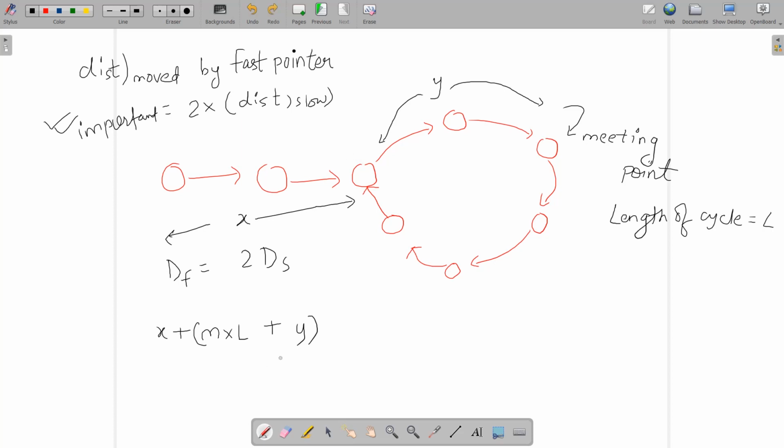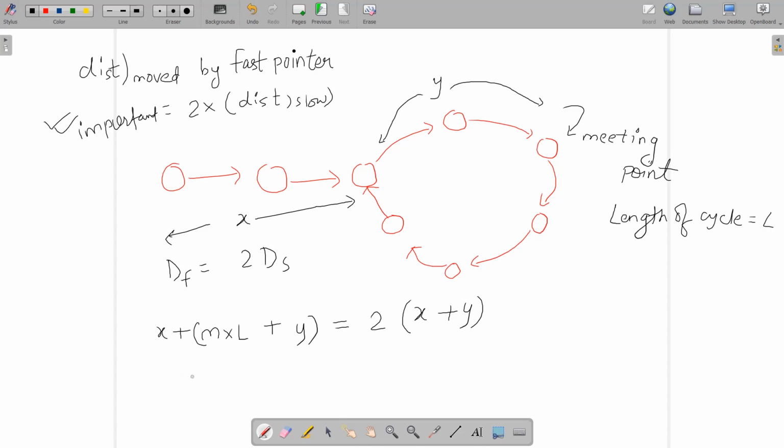This will be the total distance covered by the fast pointer, which will be 2 times the distance covered by the slow pointer. The slow pointer distance covered would be x plus y, from the start of the cycle to the meeting point. The fast pointer moves with twice the speed, so it will cover some lengths of this cycle.